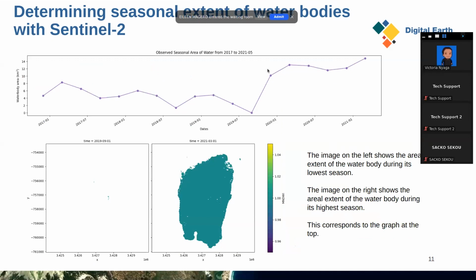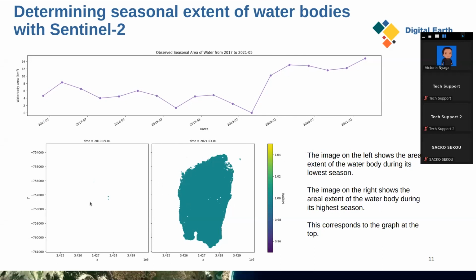Next up, from the MNDWI derived from Sentinel-2, we can get the average area of the water body from the period of interest, which is 2017 to 2021. Now, at the bottom of the screen, we have two images.